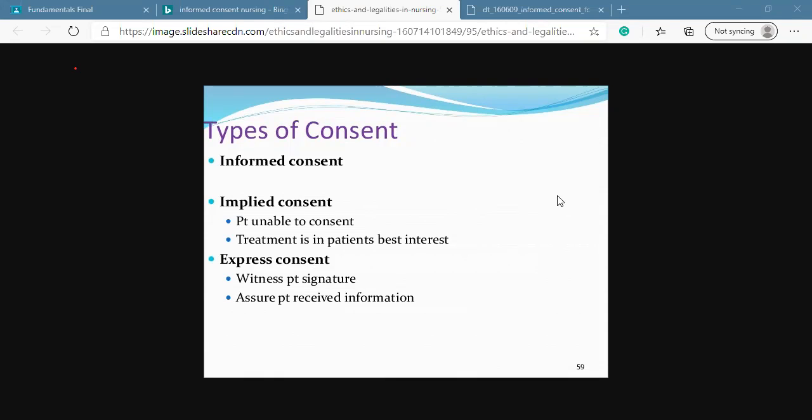So if the patient is mentally and physically able or competent, we as an RN make sure of that. Or if they are an emancipated minor, in that case they can give their informed consent.